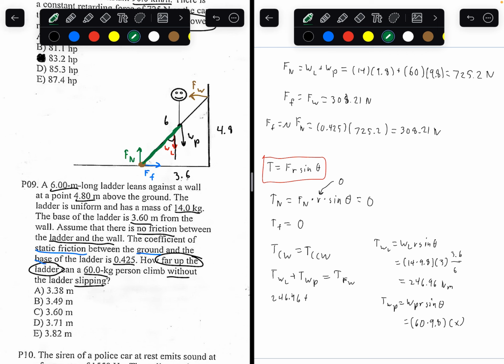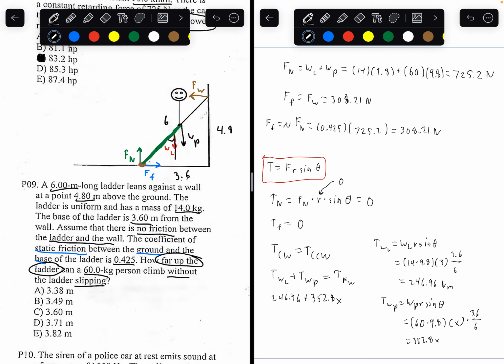That's what we're trying to find. We're trying to find how far the person can climb. So let's leave that as x. And sine of theta will stay the same, because it will just be 3.6 divided by 6, because of the similar triangle I talked about before. So we can leave that as an expression: 60 times 9.8 times 3.6 divided by 6. This would be equal to 352.8x.